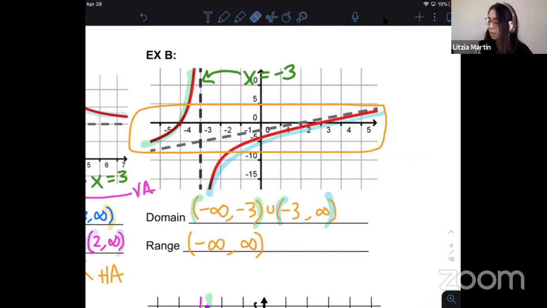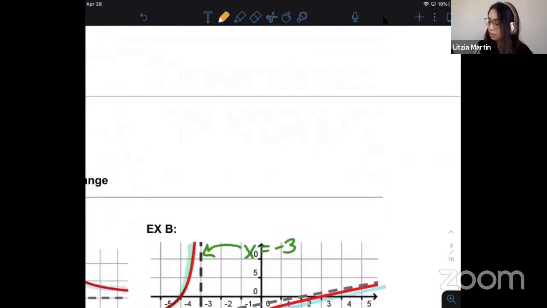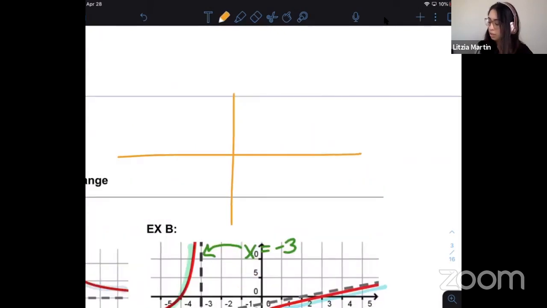Sometimes there may be graphs that maybe look something like this. Let me do a different color. Say something like that.